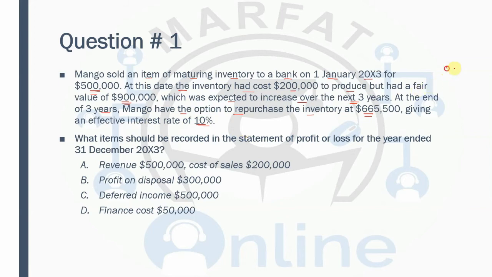So from the transaction we can see that in substance, this is a loan arrangement. In fact, they are securing their inventory as a collateral and they are taking a loan. 900,000 is the fair value of the inventory, and they are selling at 500,000, and they can repurchase the inventory within 3 years, by the end of the 3 years, and they will be paying 6,65,500.